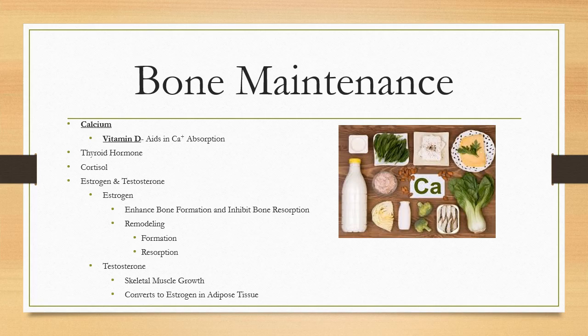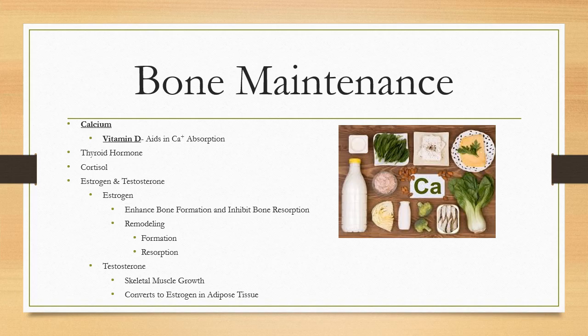Okay, and that's a big issue if someone's having to take prednisone for long periods of time, say for severe asthma or severe Crohn's disease or ulcerative colitis, and they're on low dose cortisol or prednisone, it leads to osteoporosis.